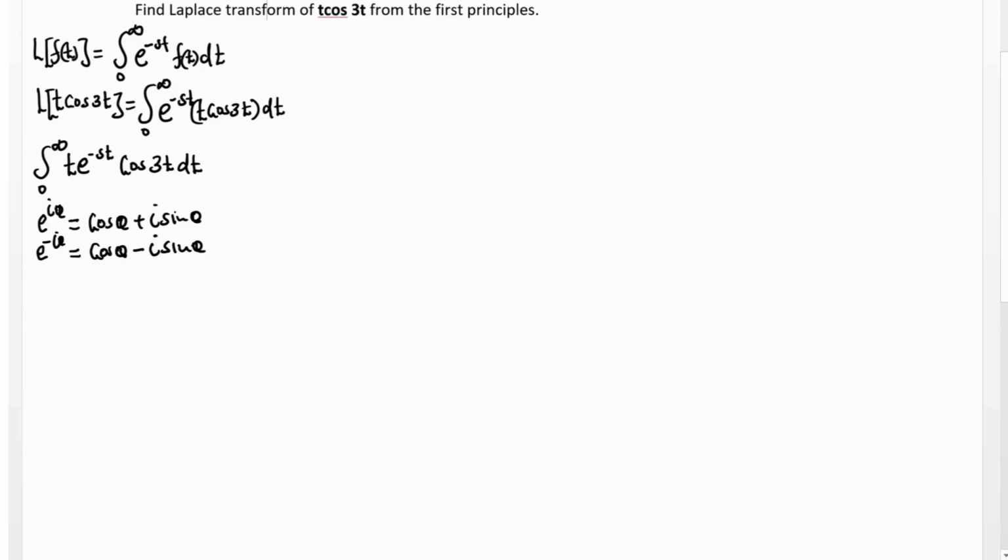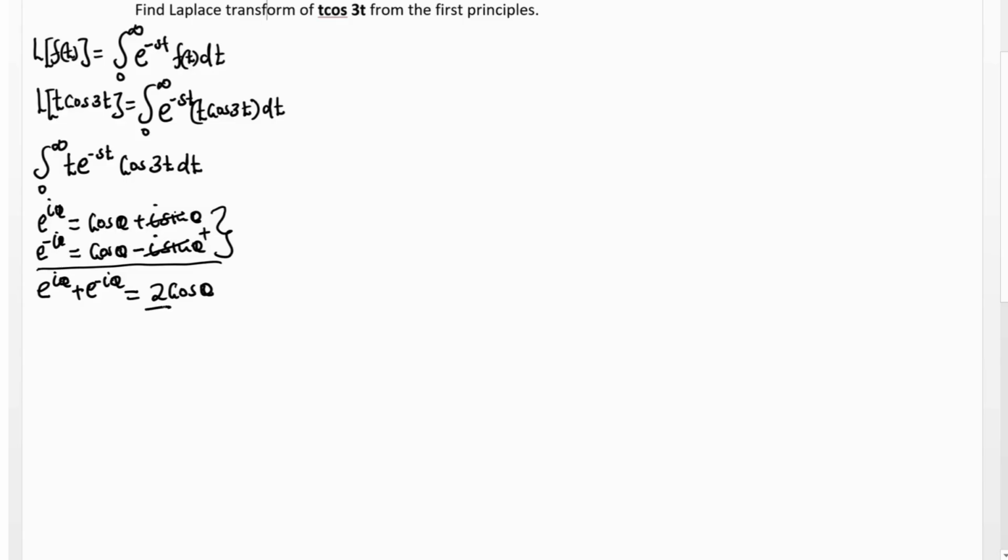We're going to sum the two equations. i sine theta cancels with negative i sine theta. We remain with e raised to i theta plus e raised to minus i theta equals 2 cos theta.